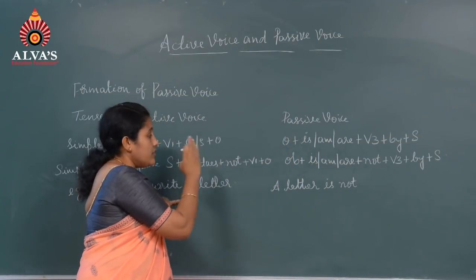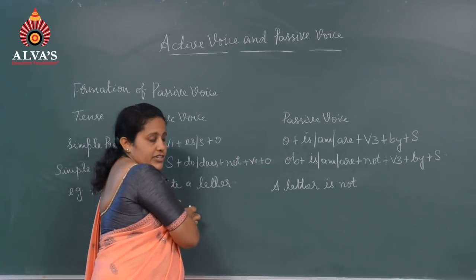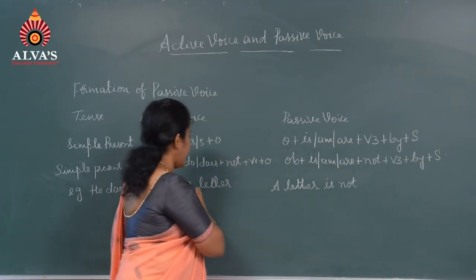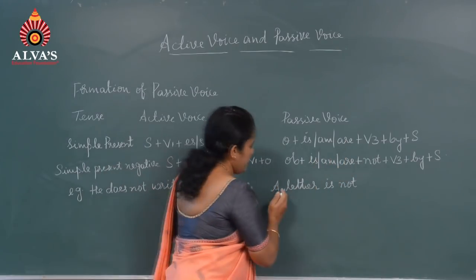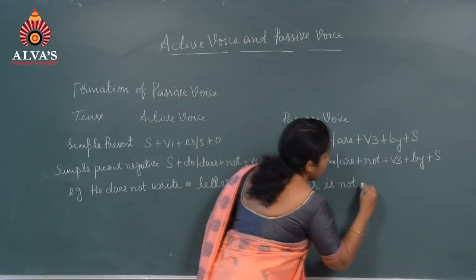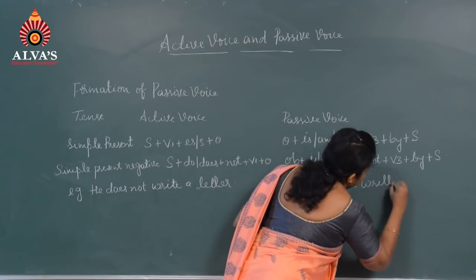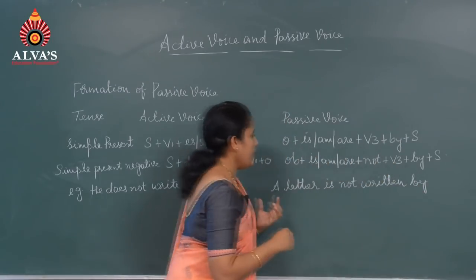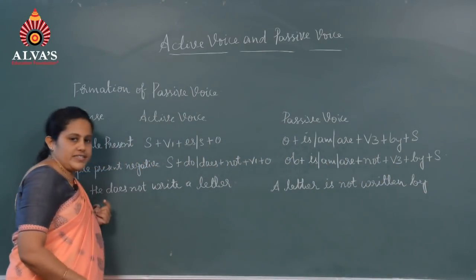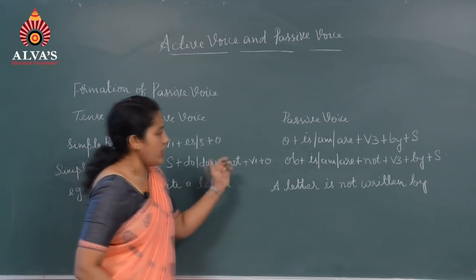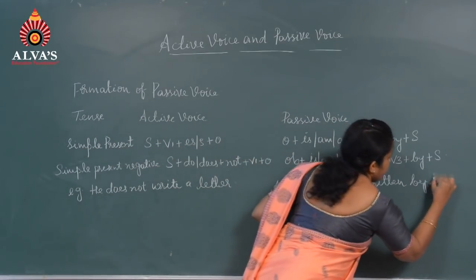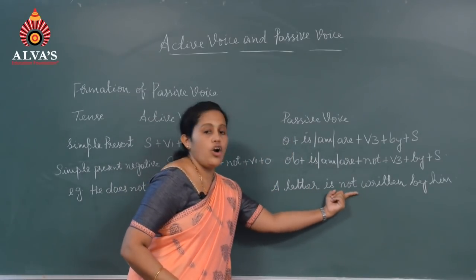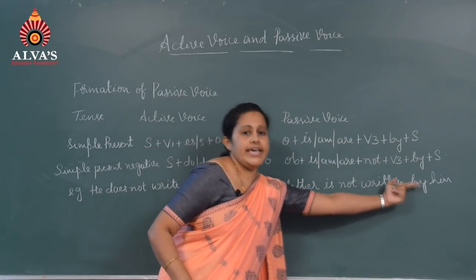What is the V3 form of write? V3 form of write is written. So, a letter is not written by, here he is the subject. When it comes to passive voice, it becomes by him. So, now a letter is not written by him.